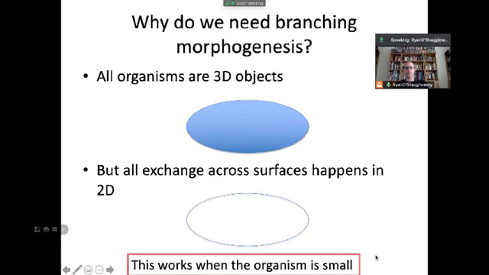So why do we need branching morphogenesis? A way to think about this is that all organisms are three-dimensional objects, but all exchange of gases and materials occurs across a two-dimensional surface. And that's okay when the organism is small, like a single-celled organism.